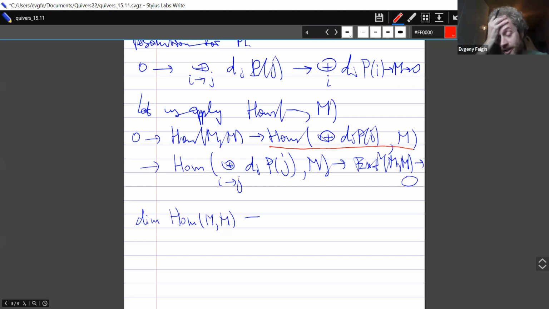So we have the direct sum over all vertices, and then homomorphisms from D_i P_i to M, and we want to sum up the dimensions of these homomorphism spaces.